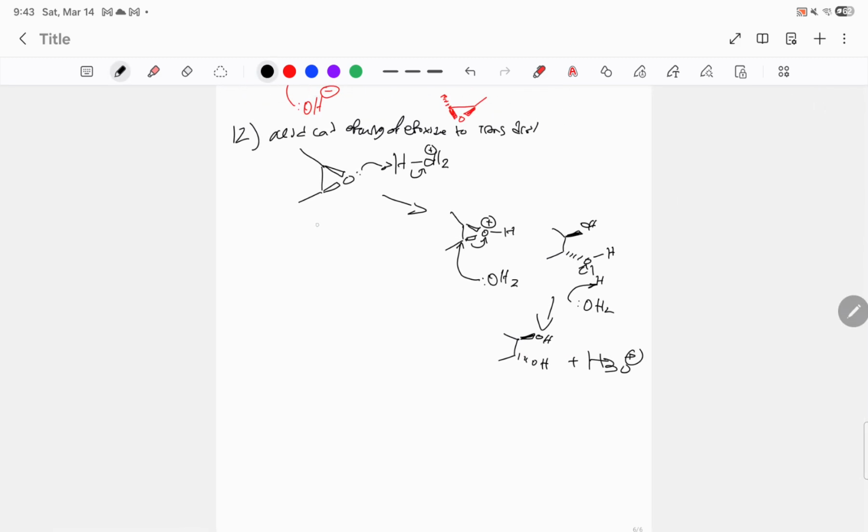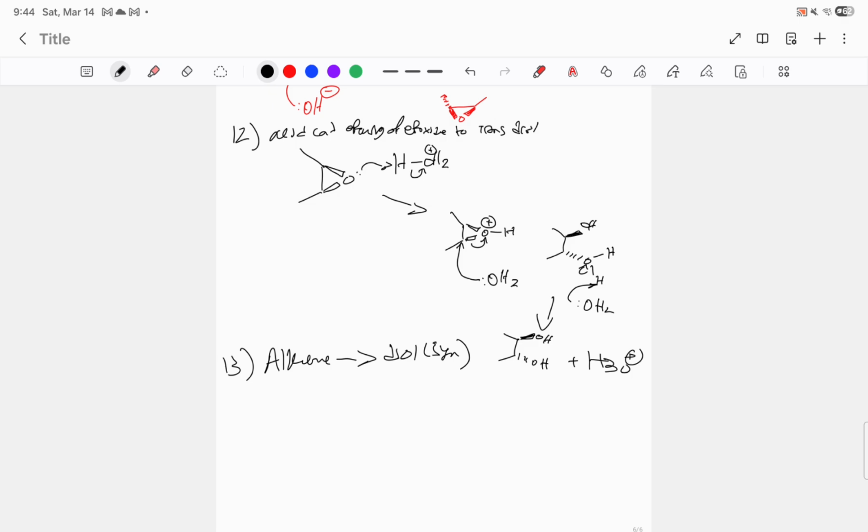We go directly from an epoxide into a diol. Another way is I don't have to actually have an epoxide. I can actually just turn my alkene straight into a diol, but in this case it's a syn diol, and I would use what we call osmium tetroxide. I'm not going to show you the mechanism for this one because it is extremely complicated.